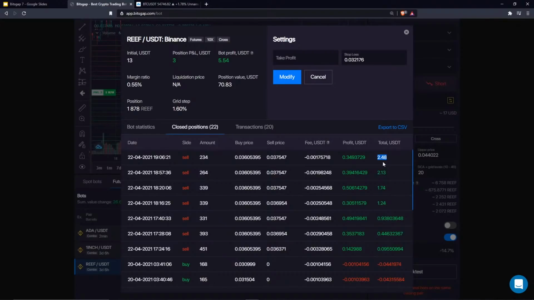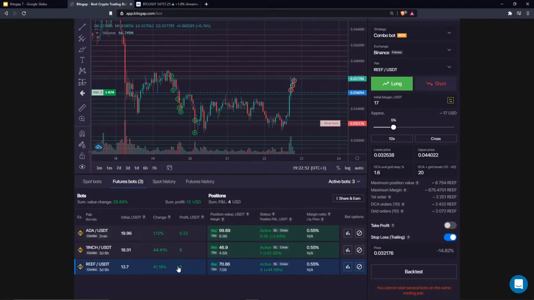That's the fixed return. That's the profit generated by the bot so far, and that's the profit on your balance already. And if we add it with 3, that's exactly 5. Compared with the initial margin, that's exactly 41%. And the total return so far is $13.